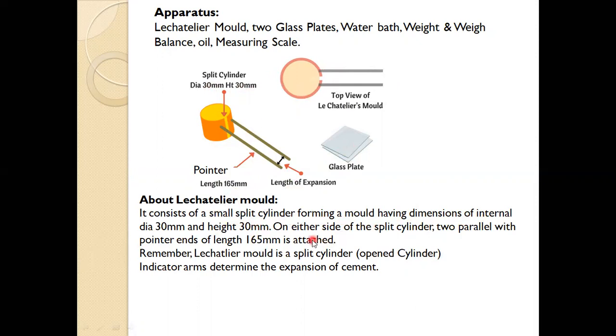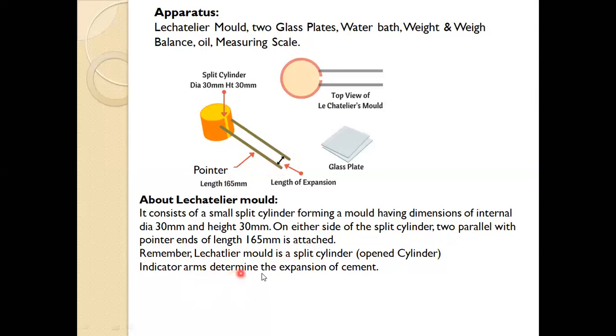On either side of the split cylinder, two parallel pointer ends of length 165 mm are attached. Remember, the Le Chatelier mold is a split cylinder, that is an open cylinder, not a closed cylinder.